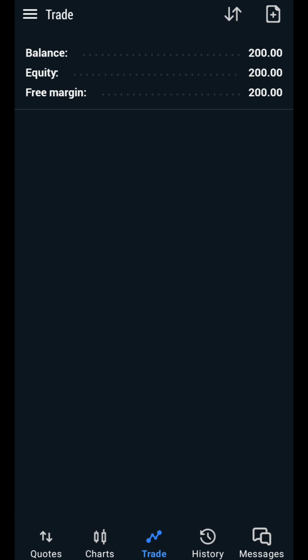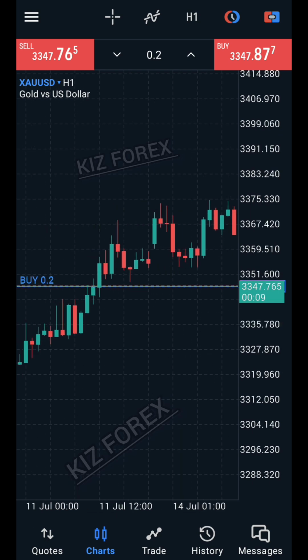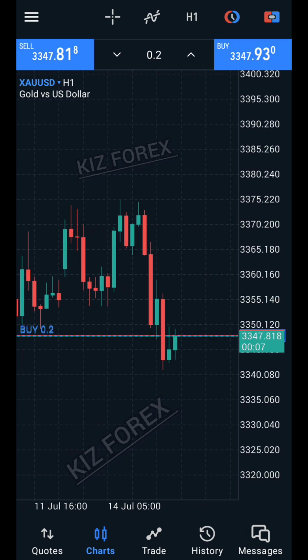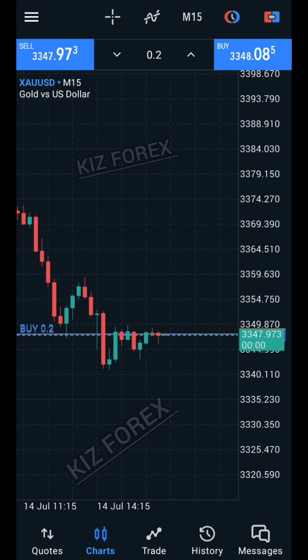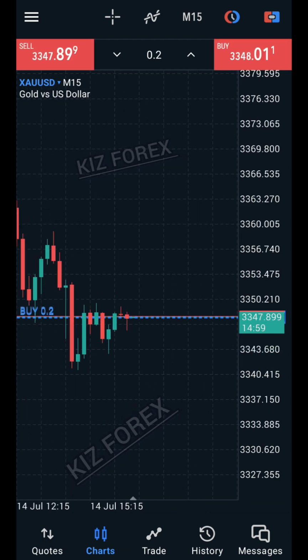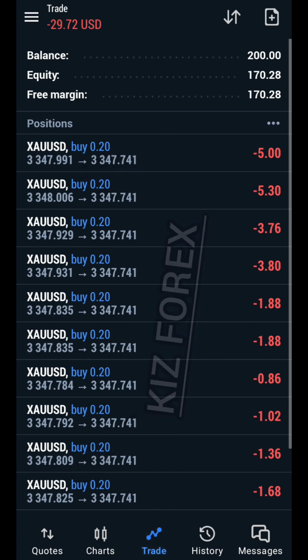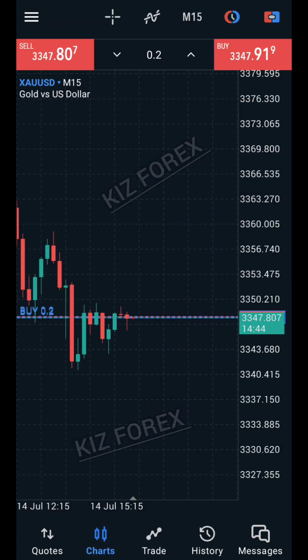Now let's try and check for an entry. I'm looking at gold right now and I've seen an entry on gold, and I've actually opened one or two positions on this entry. I'm seeing a buy entry, and the reason why is because the market is doing some kind of short pull to the upside.